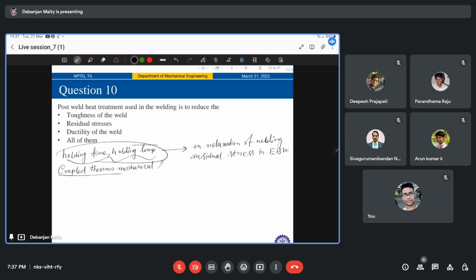They developed a thermomechanical model to simulate this electron beam welding process. While the post weld heat treatment was implemented, the holding temperature was kept constant at 770 degrees C, and the holding time was varied to assess the effect of holding time on the residual stress relaxation.